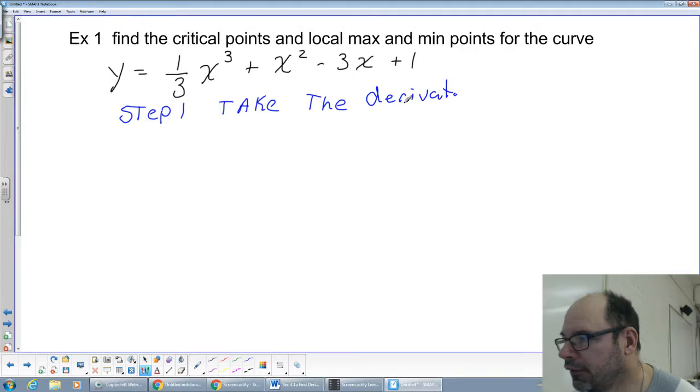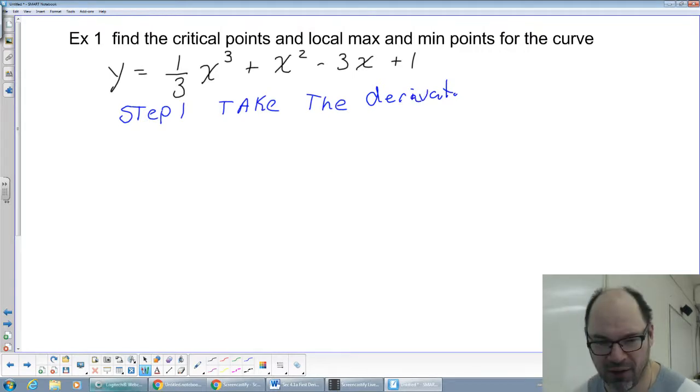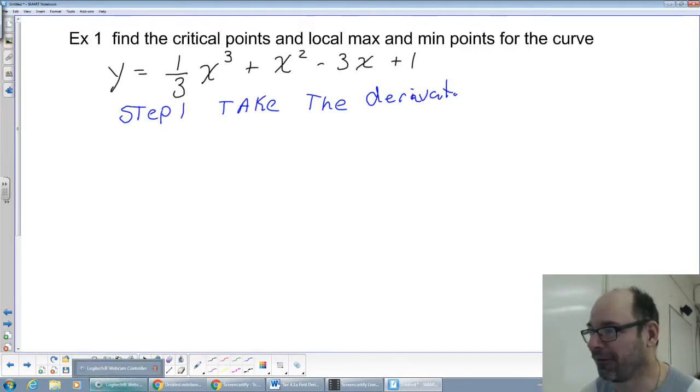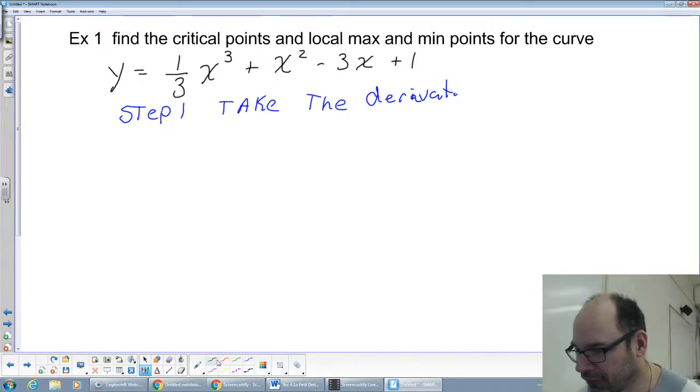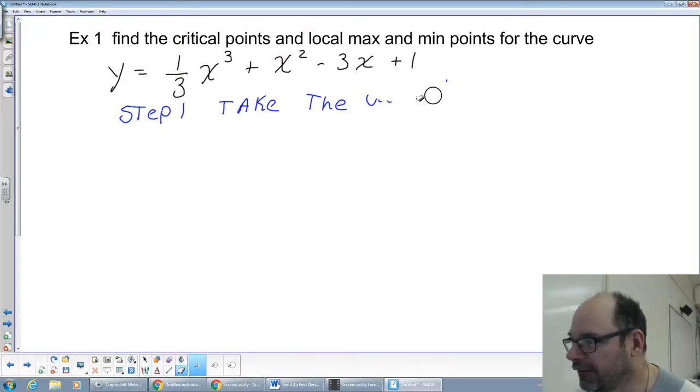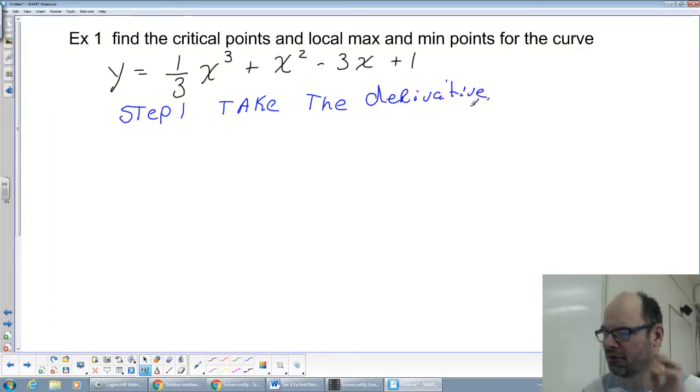I'm used to typing it. There we go. Take the derivative and set it equal to 0.